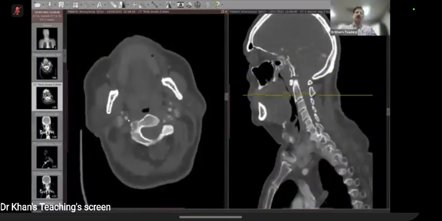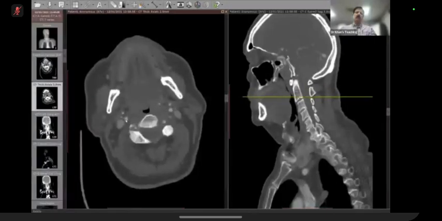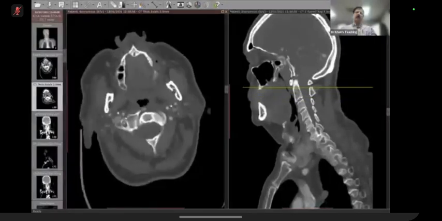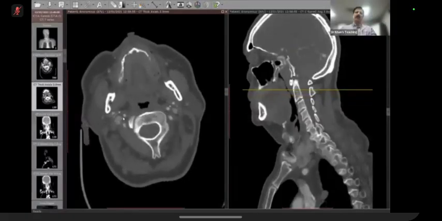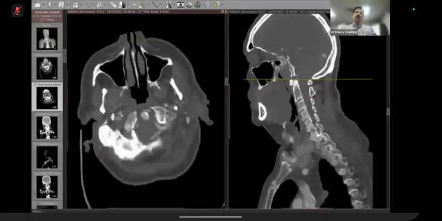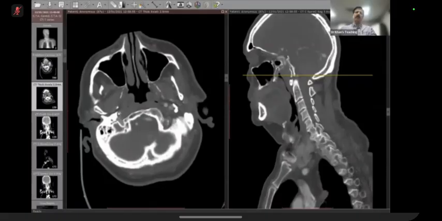So this is the internal carotid artery. And even here, if you see here, this is the carotid artery and this is the jugular vein. And everything here together is in the carotid space. And now this internal carotid artery goes superiorly and it is touching the base of skull.